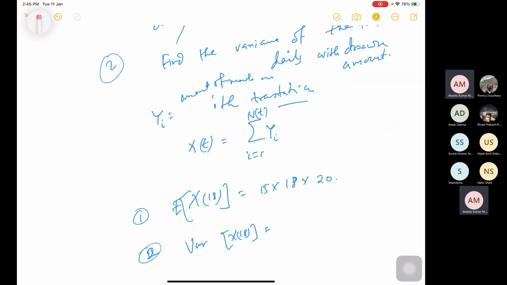By definition, this is 15 times 18 times the expectation of Y1 squared. The expectation of Y1 squared is sigma squared plus m squared, because m is the mean and sigma is the standard deviation. Hence this is 50 squared plus 20 squared, and you calculate it.